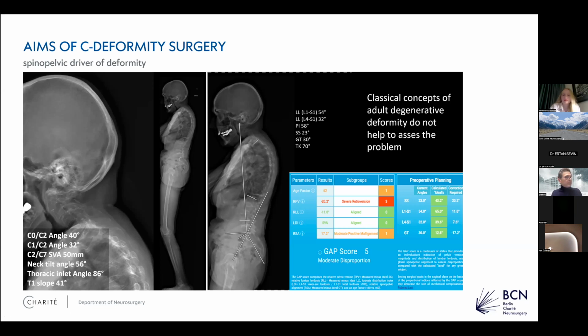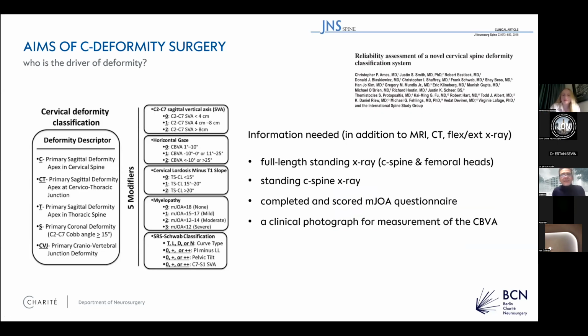So this is the first step in how we address cervical deformity. We try to find out what the driver of the cervical deformity is, and then we try to design an individualized and disease-based understanding and strategy for correction. This has been nicely summarized by the ISS group.